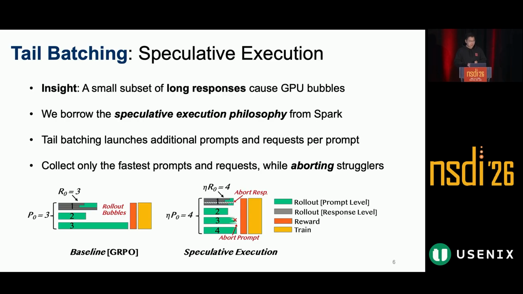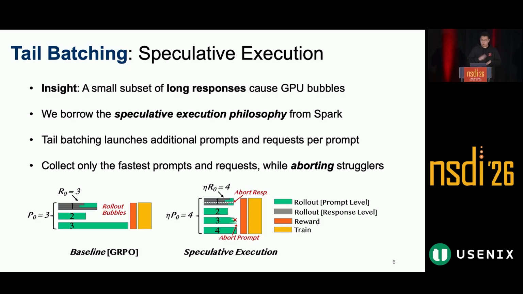Let's walk through the example. On the left figure, you can see the baseline GRPO, where we need 3 prompts, and each prompt generates 3 responses. You can see the long-tail distribution happens on both the prompt level and response level, causing rollout bubbles. On the right side, you can see our speculative execution approach, where we launch additional prompts.